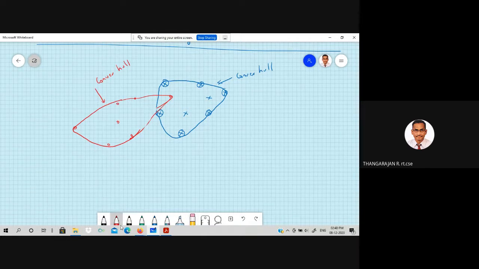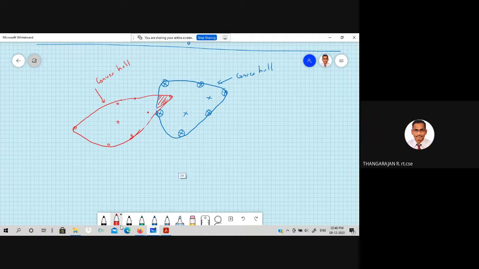There's a point here. Now you see that this is a region where the two convex hulls are overlapping. Therefore these two sets of points are not linearly separable.